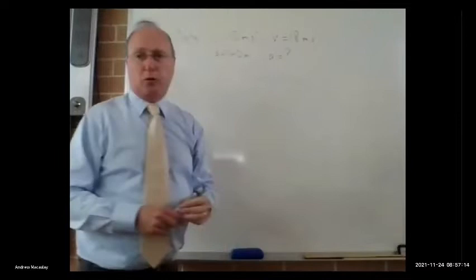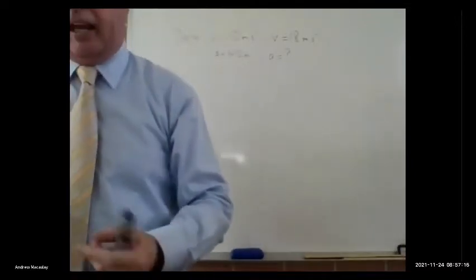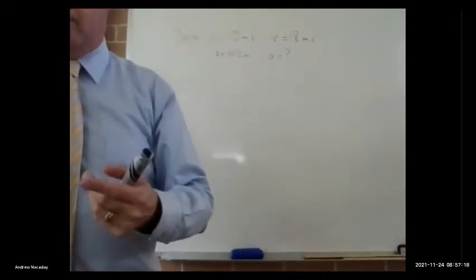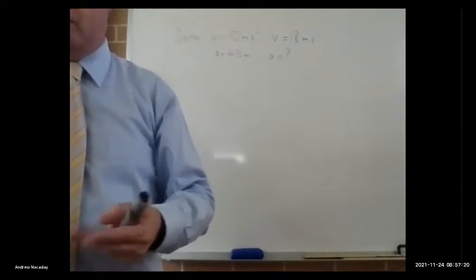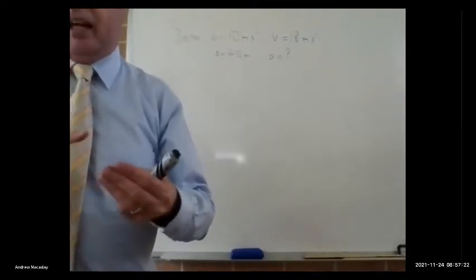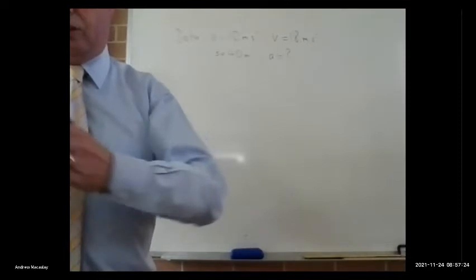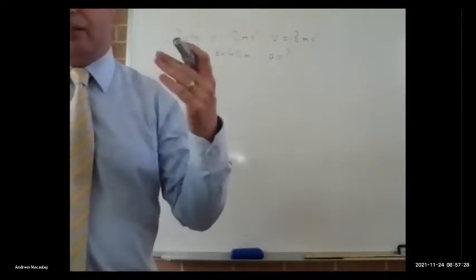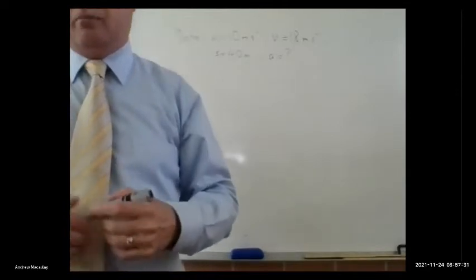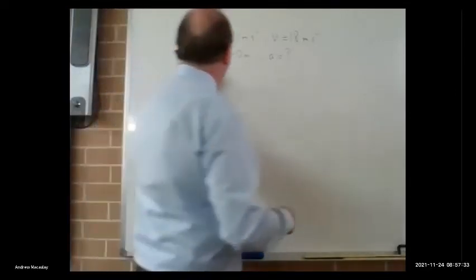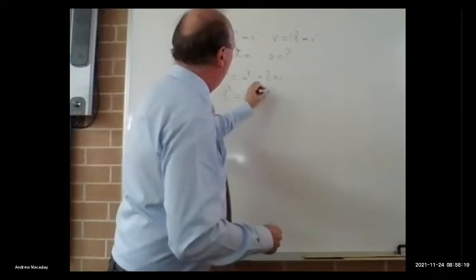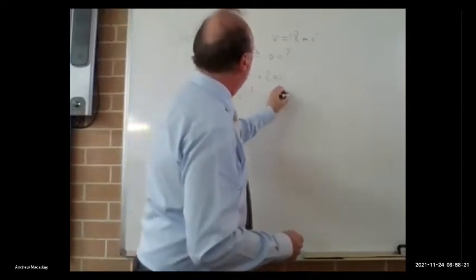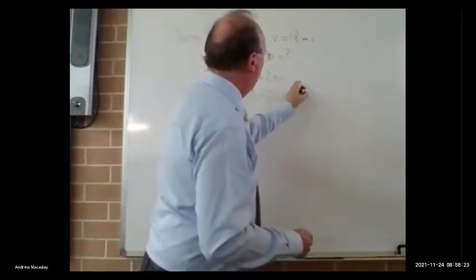So you want to choose a formula that has those given ones, u, v, s, and a. But of course, it's the a that we want to find. Now, what formula do we have for that? It's v squared equals u squared plus 2as. 18 squared equals 10 squared plus 2 times a times 40.